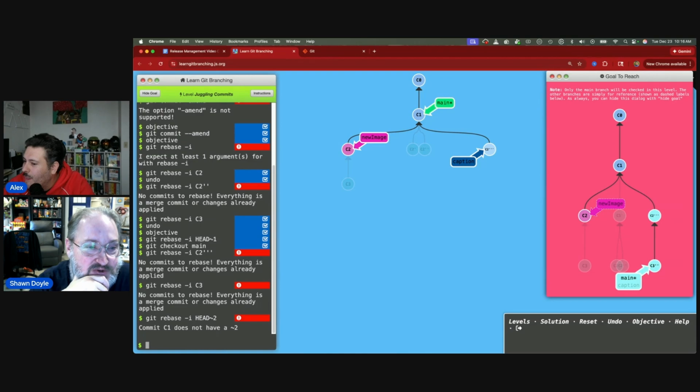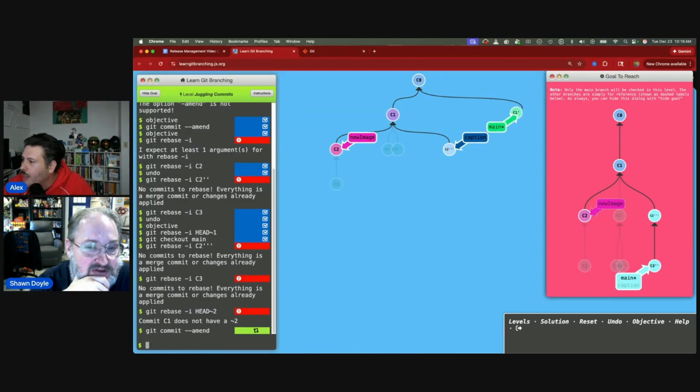Now do your git commit --amend on main. Sends you to C1, but we don't. Okay, so we wanted to have that underneath C1. So I think we need to reset the whole thing and start again.